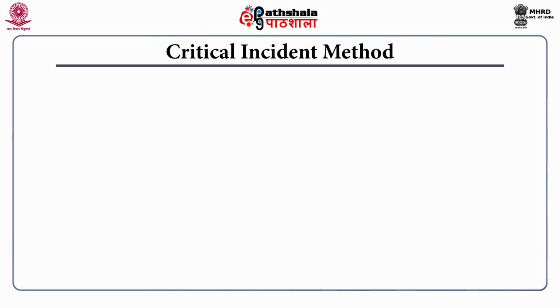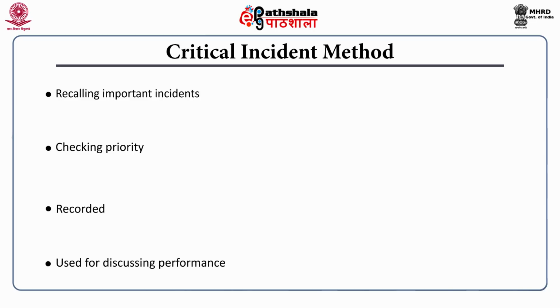Critical incident method. In the method of critical incident, it identifies all the situations when the employee has performed extremely well or extremely poor. It is also identified that how important are these performances on the priority criteria of expected performance. Such critical incidents are then kept under a record and discussed with the employee at the time of appraisal.